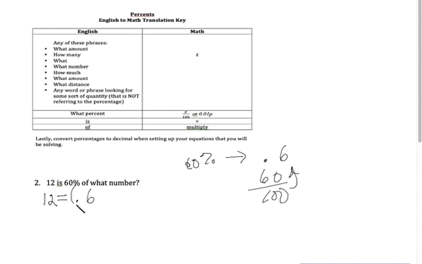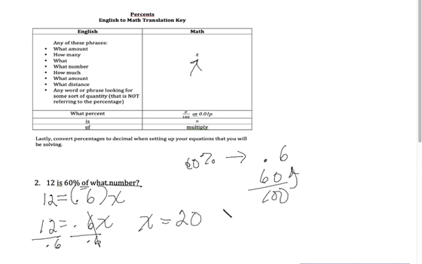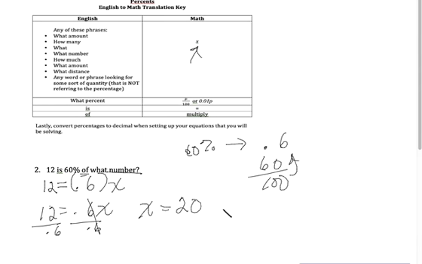The word of, again, means I'm multiplying. What number is going to translate into x. Now I'm just solving this. 12 equals 0.6x. I'm going to divide each side by 0.6, and then x is going to equal 12 divided by 0.6. Is that right? 12 divided by 0.6. Okay, yes, that's 20. So this is telling me that 60% of the number 20 is going to give me 12, and that makes sense.